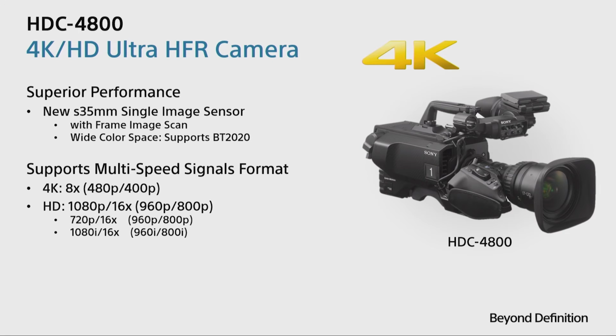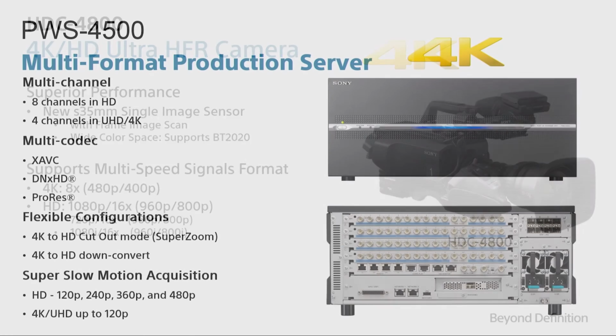So that's 480 frames per second in 4K, or up to 16 times, 960 frames per second in HD. So now you have a powerful tool set. It works as a great complement to your HDC 4300 and your HDC P43, both for 4K, high definition, high frame rate, or high dynamic range productions.